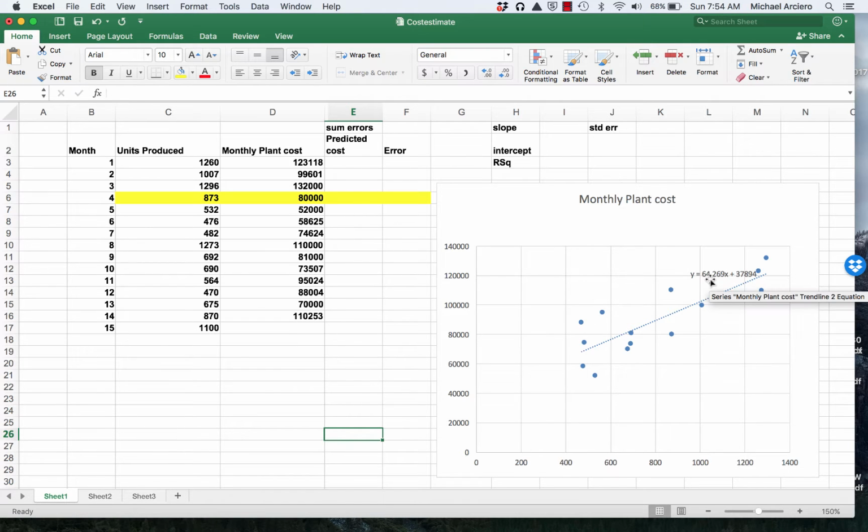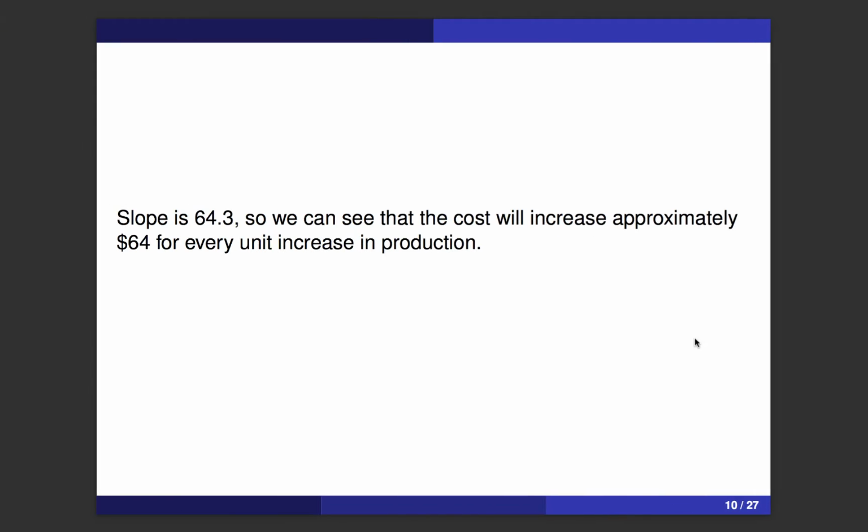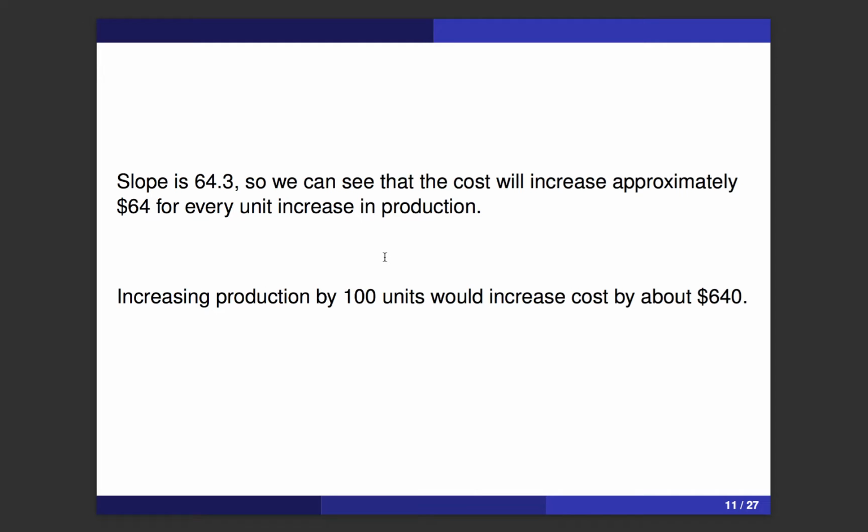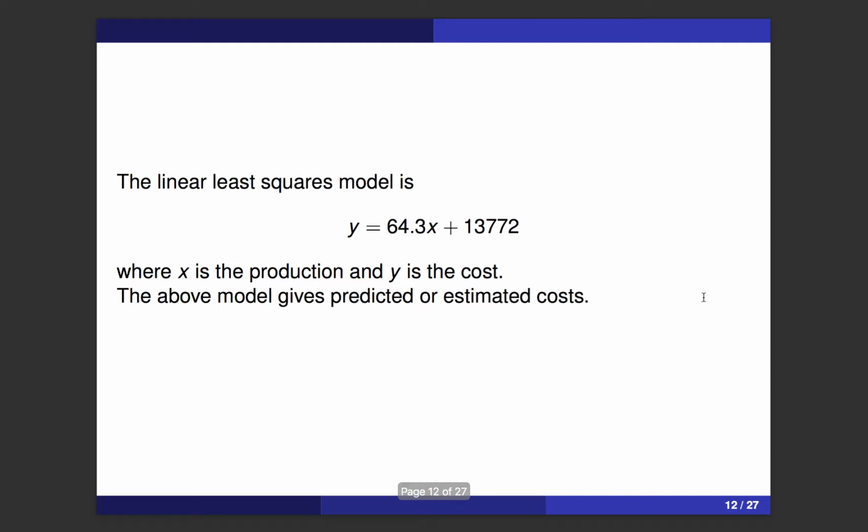We can see that the slope is about 64.3, and the y-intercept is here. If we increase production by 1 unit, we expect about a $64 increase in the cost. If we increase production by 100 units, that would be about 64 times 100, or $640.